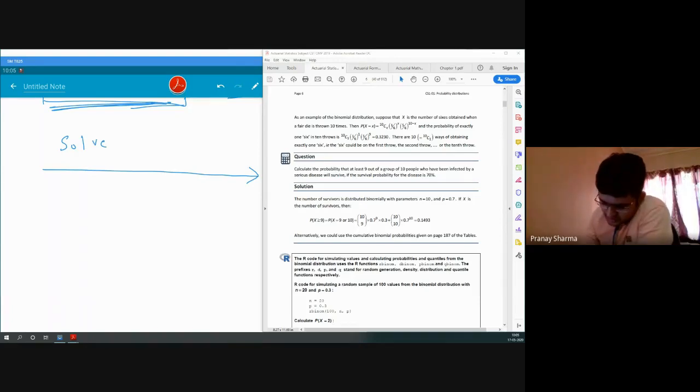So here they have given us that the probability of survival is 70%, and they have said that 9 out of a group of 10, we have to find the probability that 9 survive out of a group of 10. So we have our n equal to 10. Total 10 people were selected.